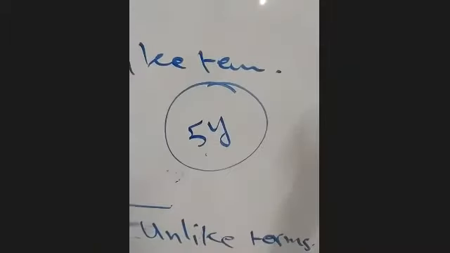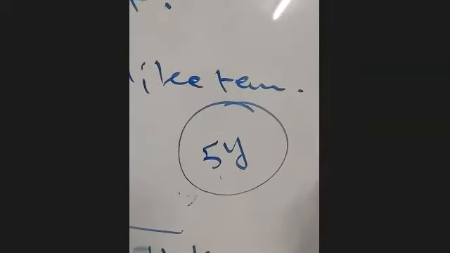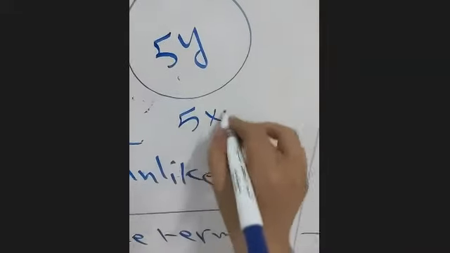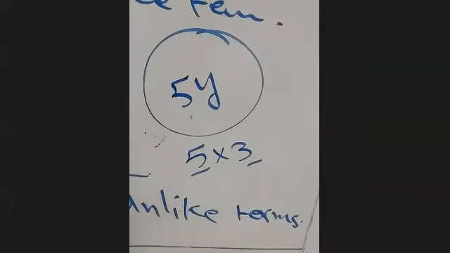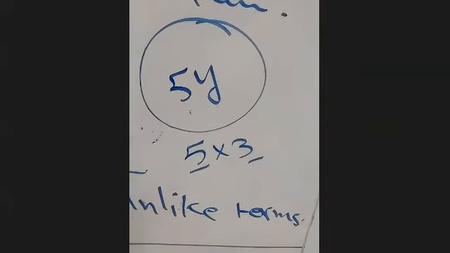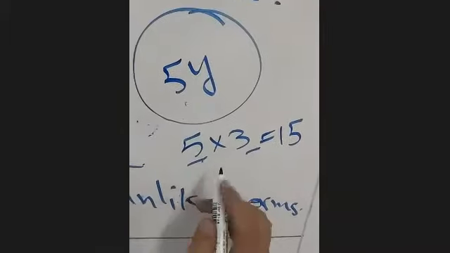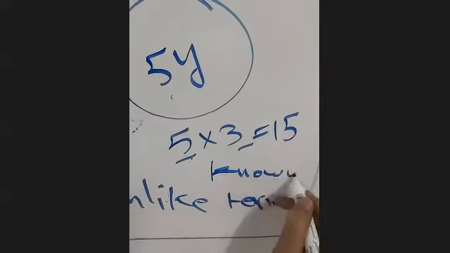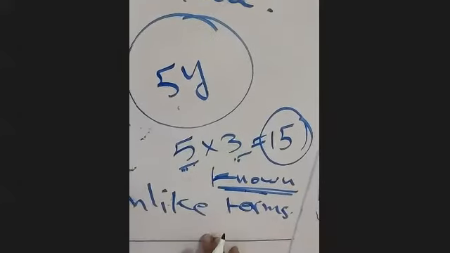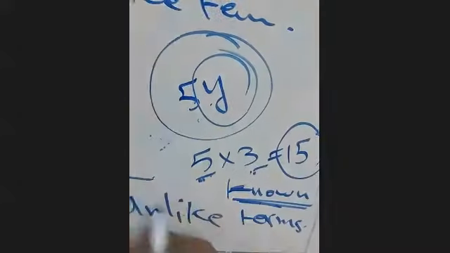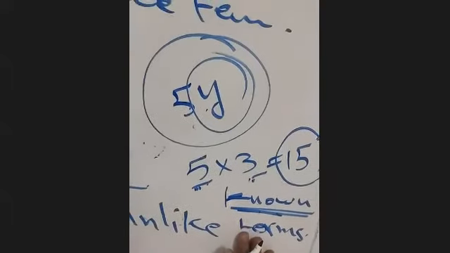So what does 5y equal? Equals unknown. We don't know. But 5 multiply 3, the 5 and the 3 are both known values, right? Equals 15. If you multiply 2 known values, you can find the known answer. But 5 multiply an unknown value, it's unknown. Got it?